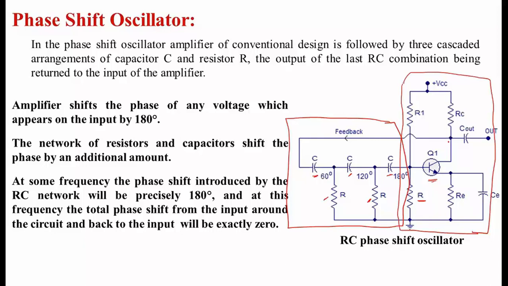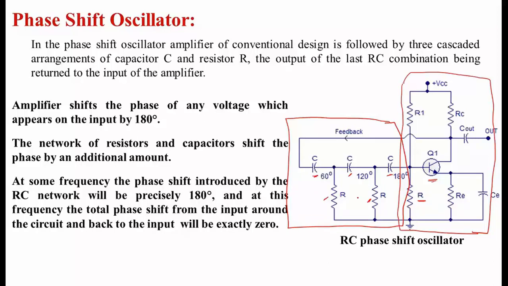At some frequency, the phase shift introduced by the RC network will be precisely 180 degrees, and at this frequency the total phase shift from the input around the circuit and back to the input will be exactly 0. 180 degrees of phase shift is provided by the amplifier, and at a particular frequency the cascaded RC combinations give 180 degrees of phase shift.